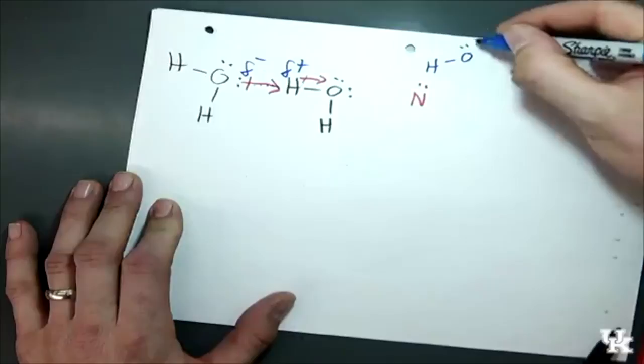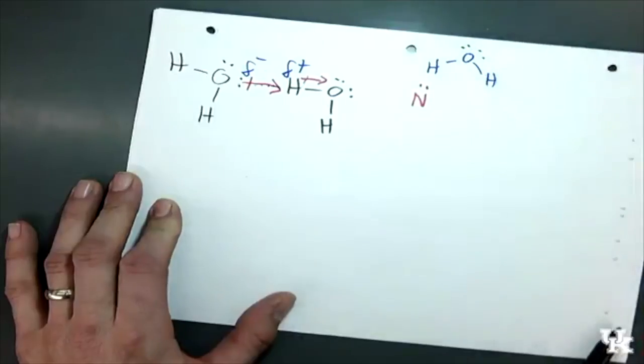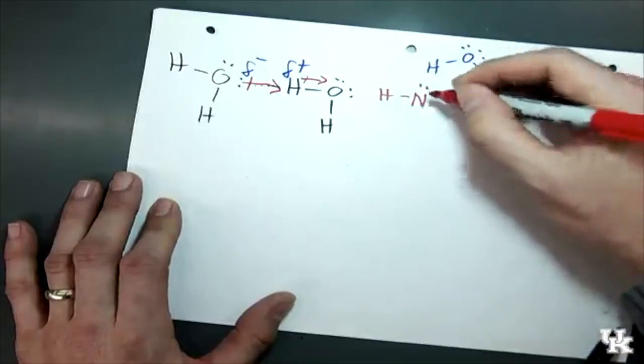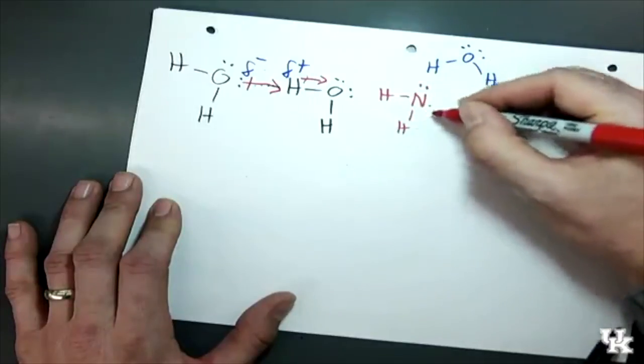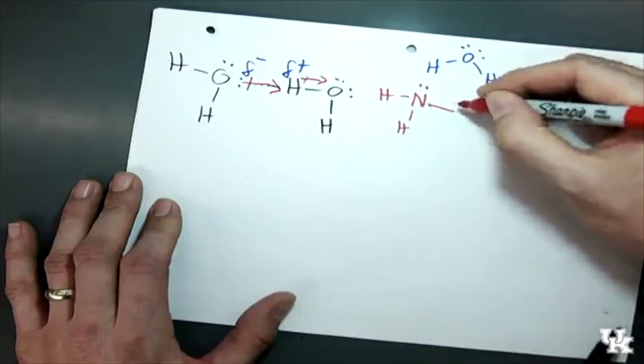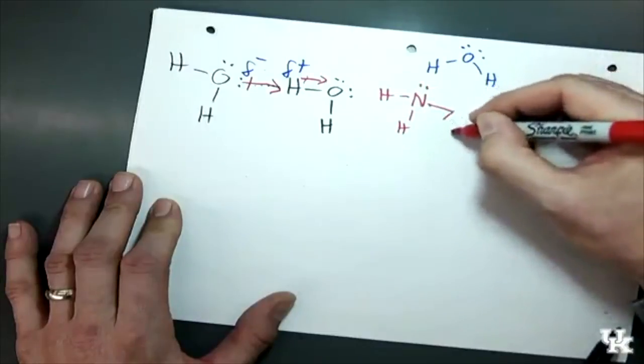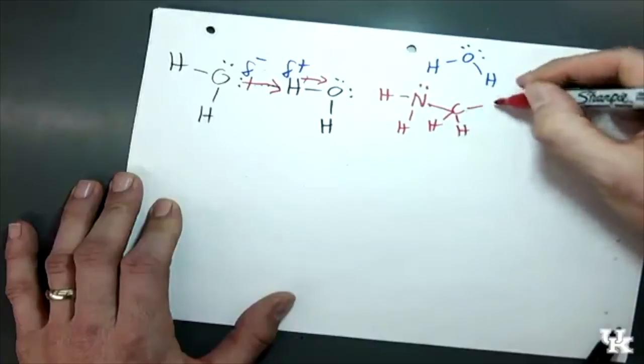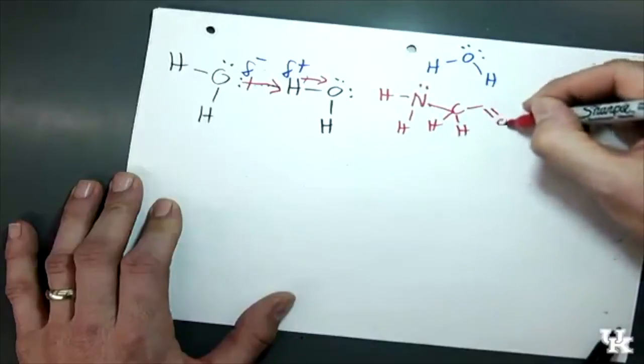Let's just say water again. So you could imagine if we had what maybe looks like a more complicated molecule. I'm getting ahead of myself here. So we'll say this is a complicated molecule.